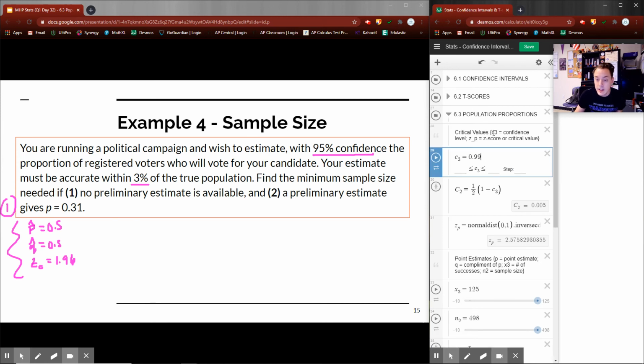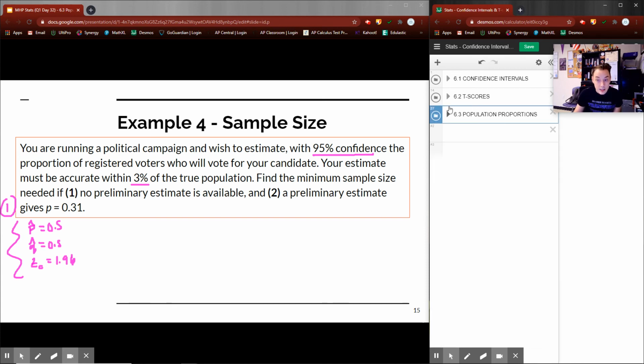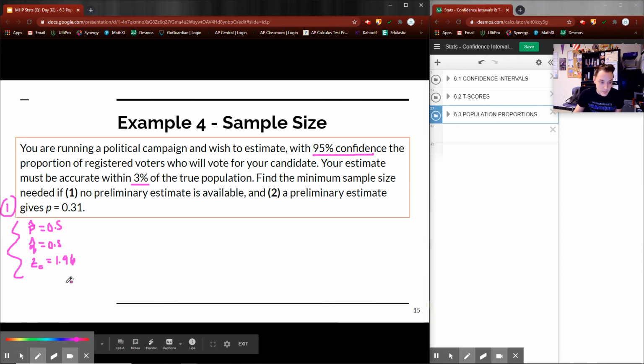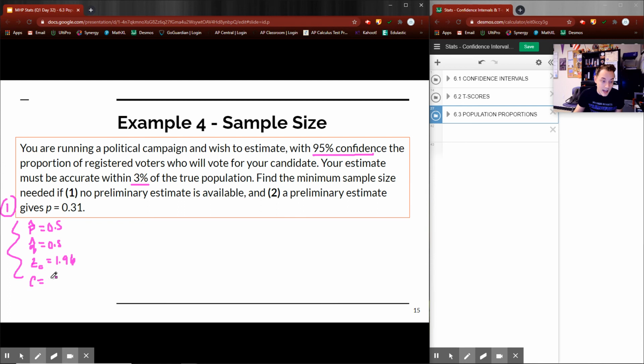If I type in 0.95, look at my Z-score, my critical value. I get 1.95, but it rounds to 1.96. So just showing you that just in case, but that's something that we should know or at least be familiar with. Okay, and my Z is that, and my C level is 95. My E, one last thing, is 0.03, and that is given to us right there.